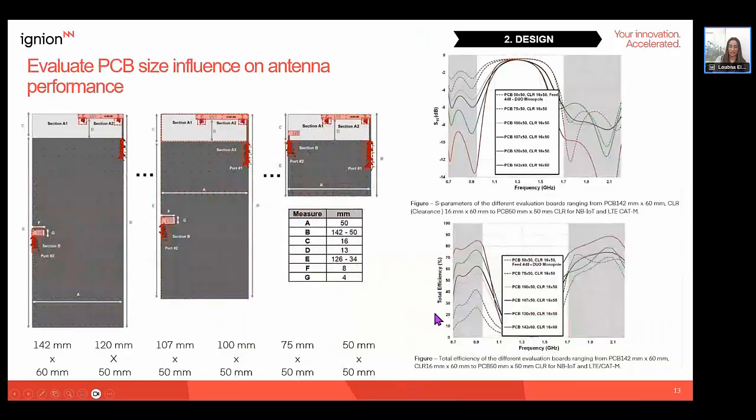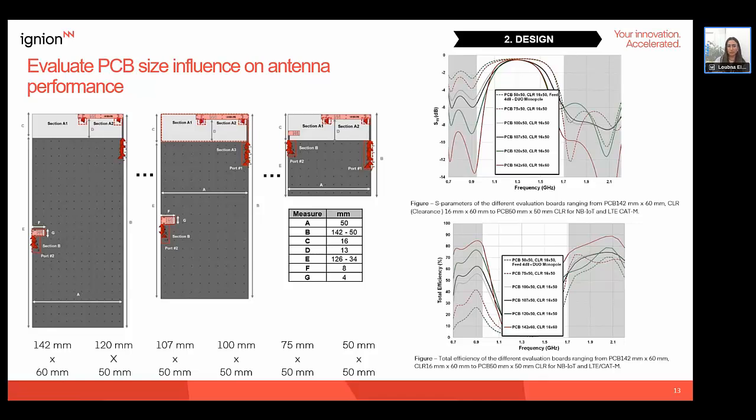And of course, as I mentioned in one of the first slides, it's very important to consider the ground plane dimensions. At the end, our antenna radiates through the ground plane. So the higher the PCB dimensions, the higher the performance.